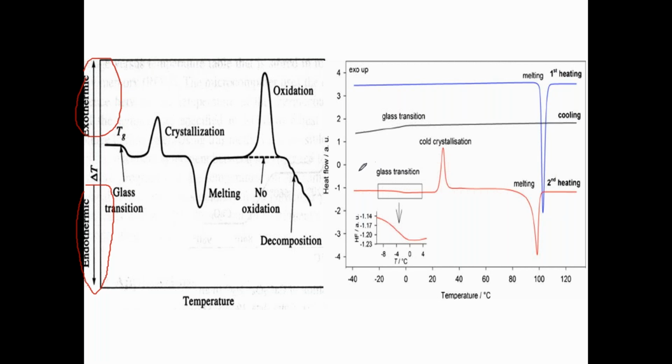And this is called the glass transition temperature. It means the line will move smoothly, parallel to the x-axis. That's called the glass transition temperature. And if any change happens, such as the amorphous form changing to crystalline, suddenly the line will jump or increase like this.